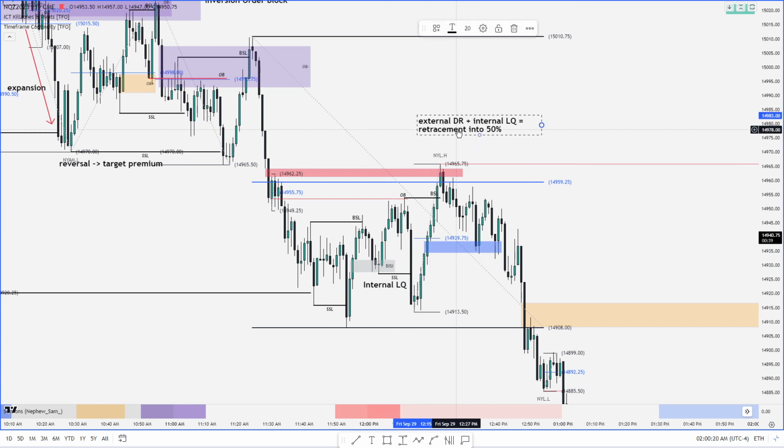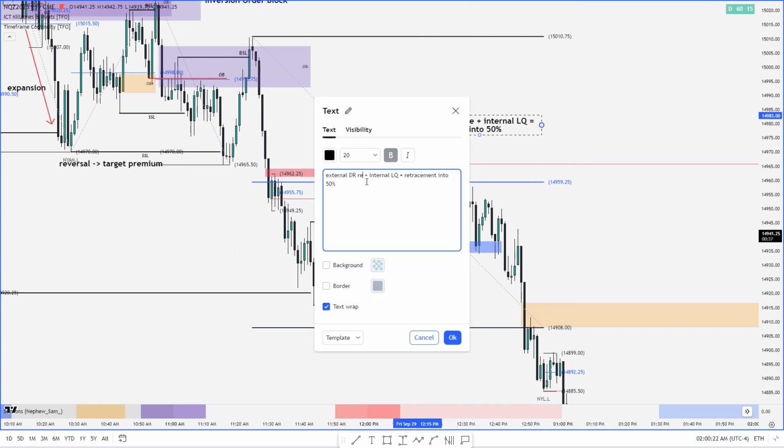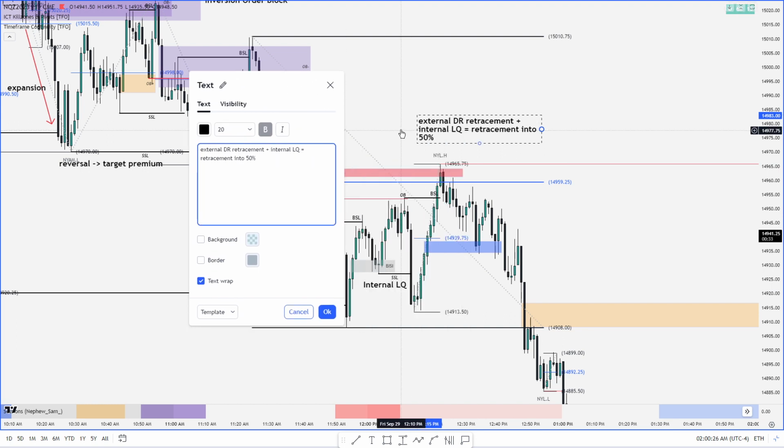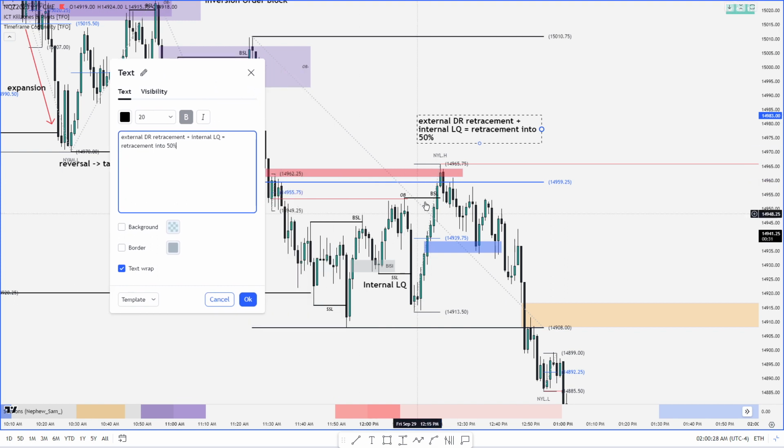Internal range DR retracement. So this is a retracement. So external range retracement plus the internal range liquidity, the external takes over. So retracement, internal range reversal. We'll say that.